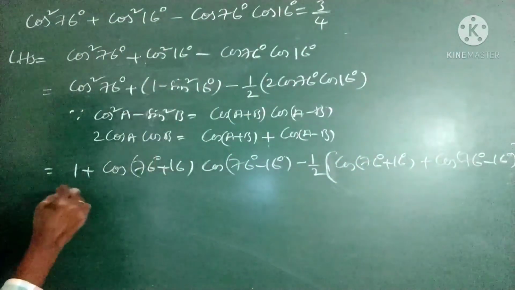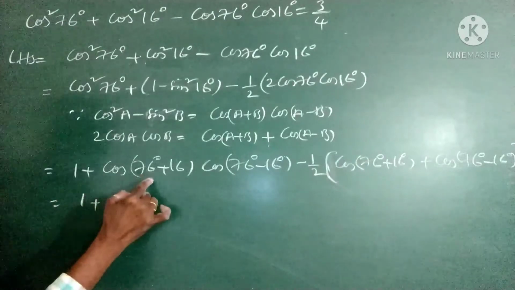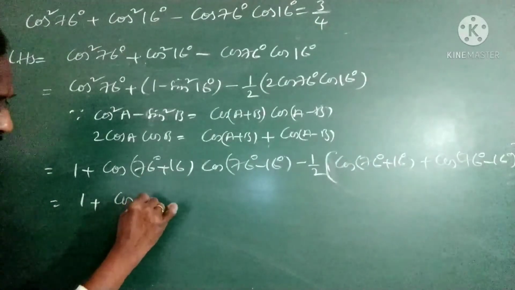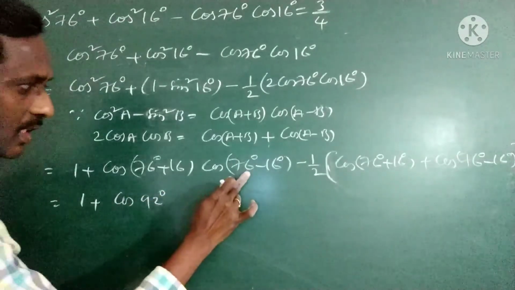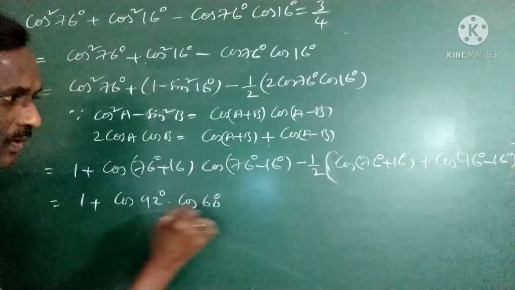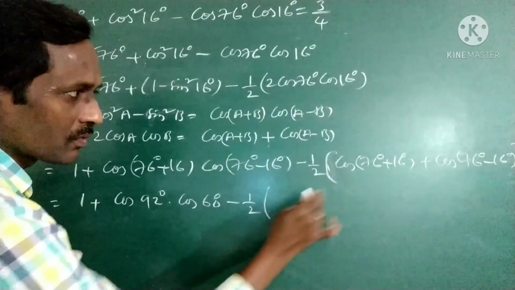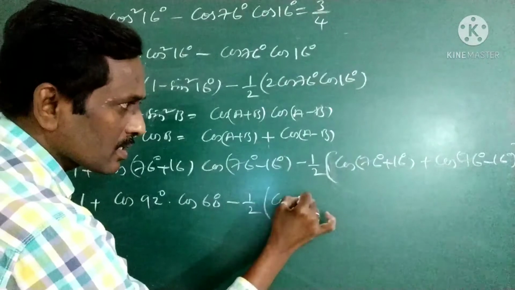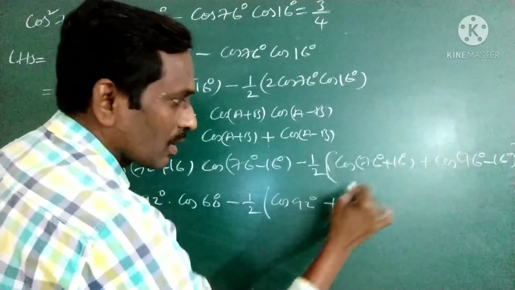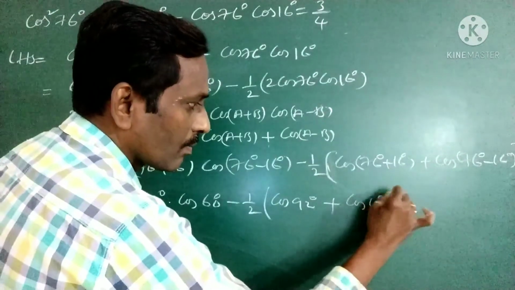Now simplify, which equals 1 plus, what is the angle you get? Cos function 76 plus 16 is 92. If I find the difference, the value is 60 degrees. Minus 1 by 2 of, again, cos 92 degrees plus cos 60 degrees.